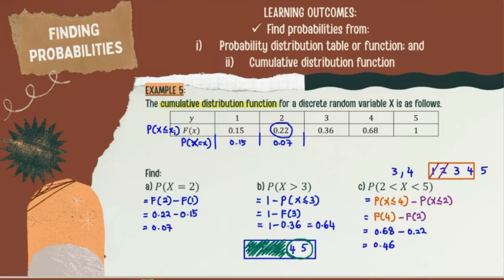Okay. And then to get the probability of X equals to 3, 0.36 minus 0.22, so here we get 0.14.